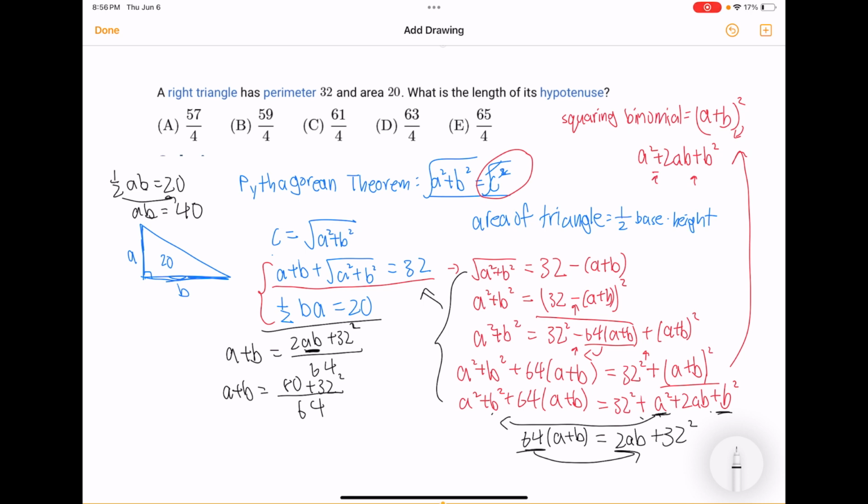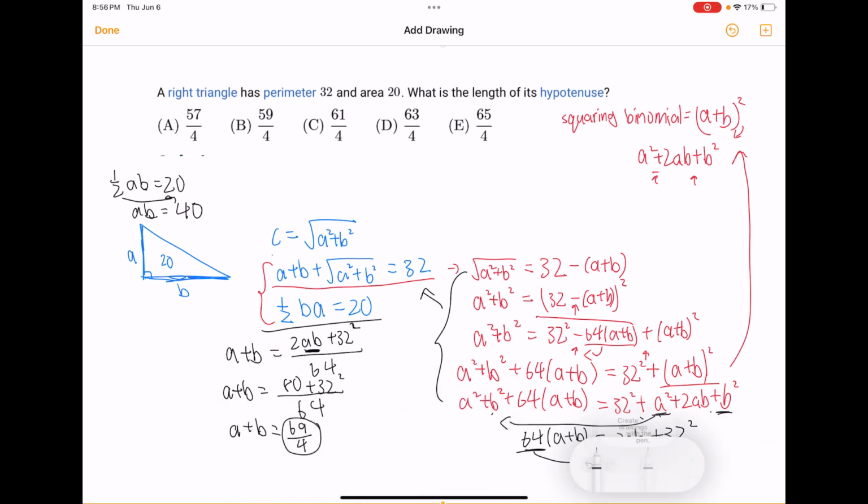And so simplifying this, we would get a plus b is equal to 69 over 4. Okay? And let me erase those two formulas just to give us some more space. But we now know that a plus b is 69 over 4.